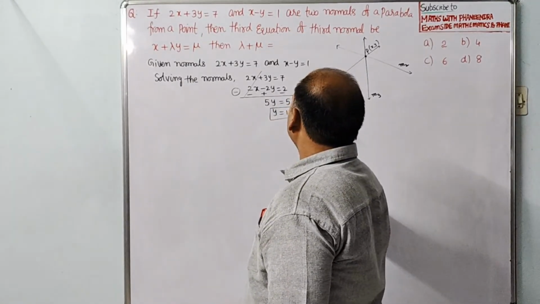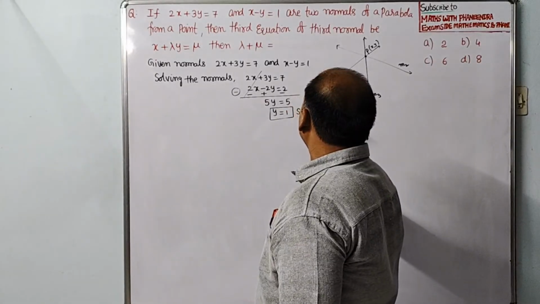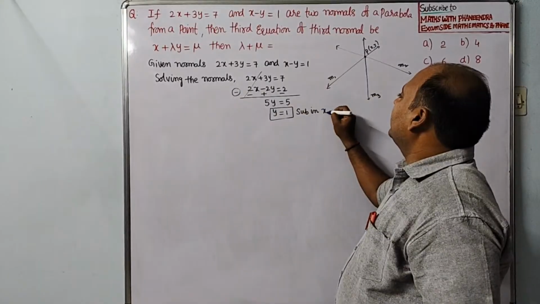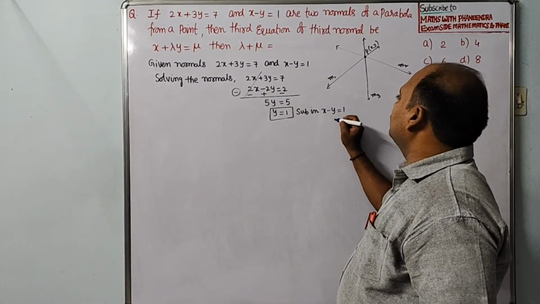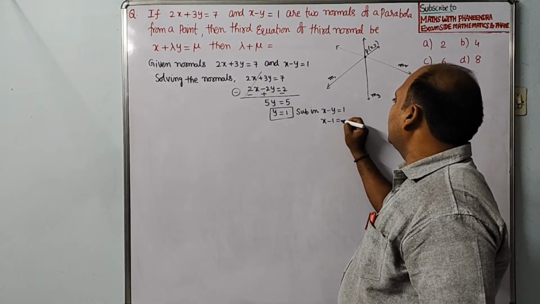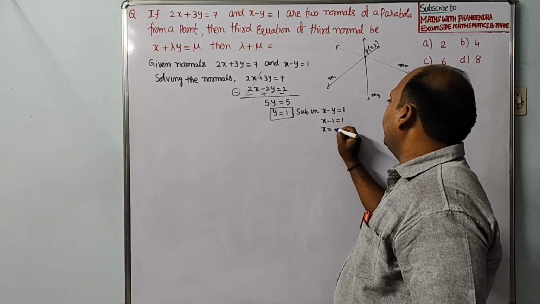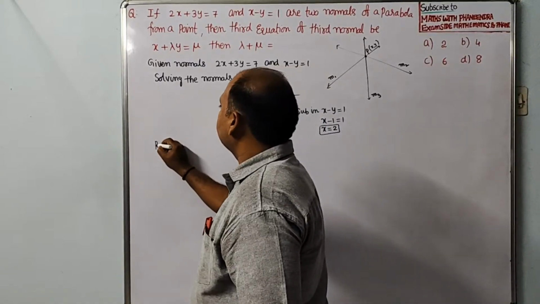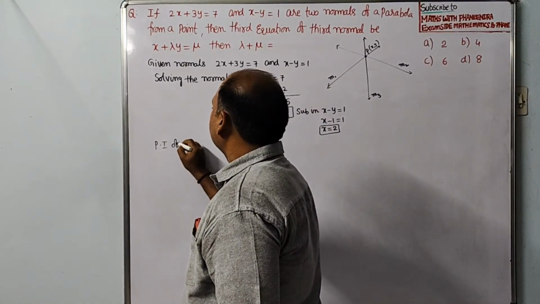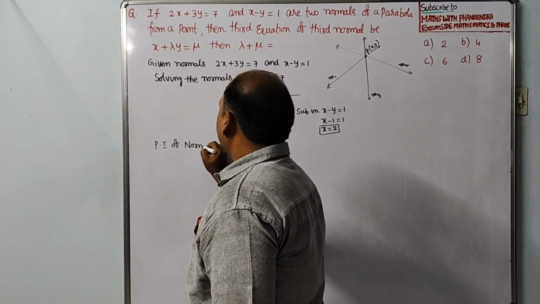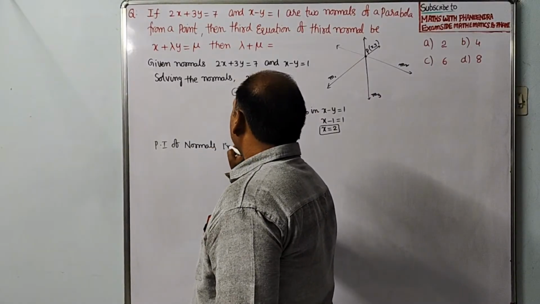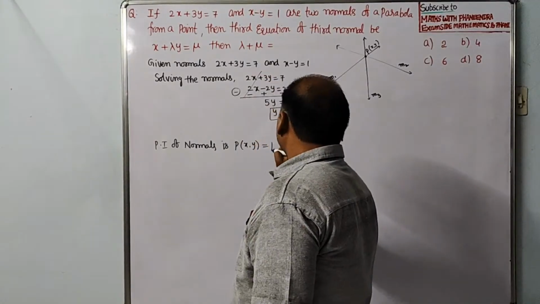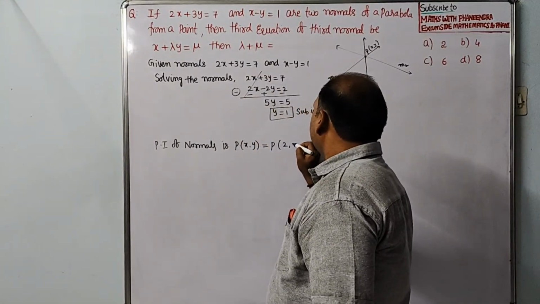So y equal to 1, substitute in x minus y equal to 1. So x minus 1 equal to 1, x equal to 2. Therefore, the point of intersection of normals is P of x comma y equal to P of 2 comma 1.